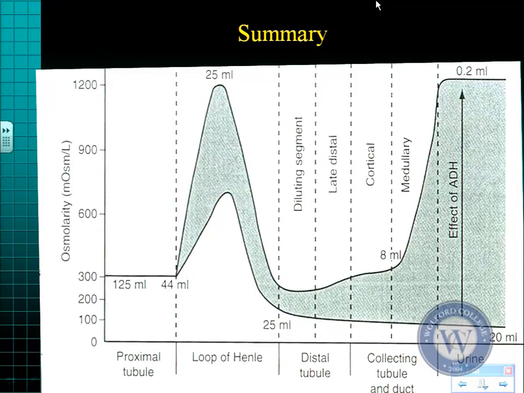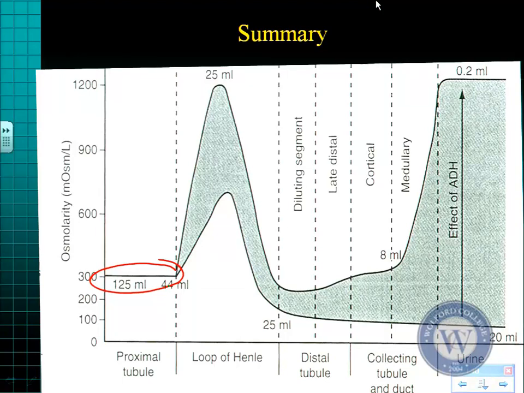This again shows you the same thing based on the effects of a dilute urine, which is the bottom line, and a concentrated urine, which is the above line. So look at the differences that you see. In the proximal tubule, what does not change?